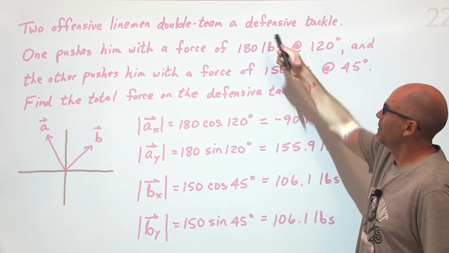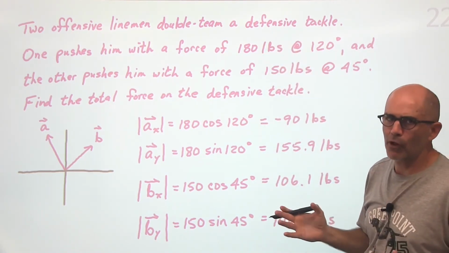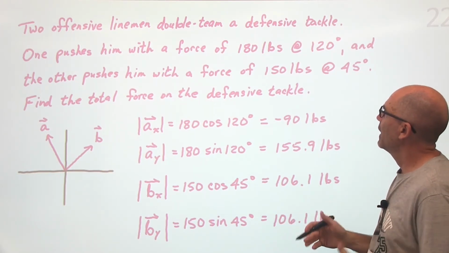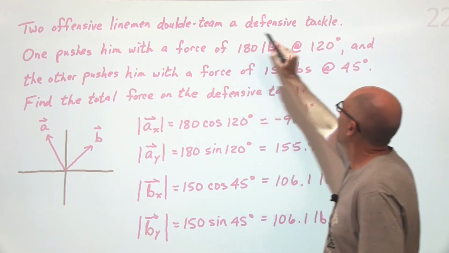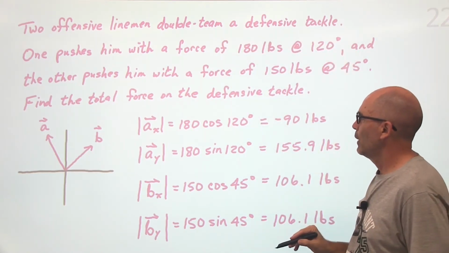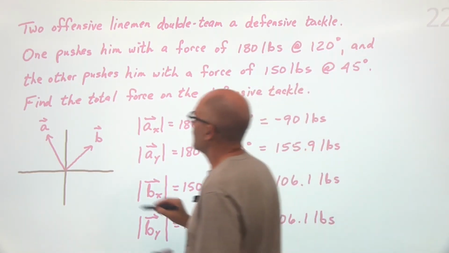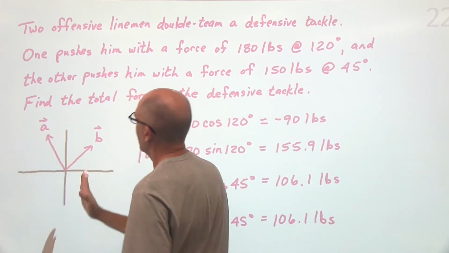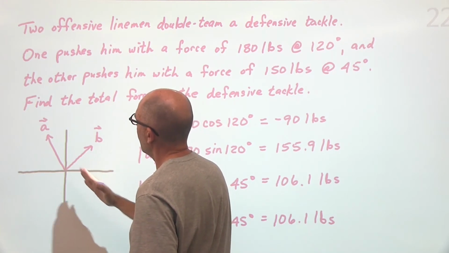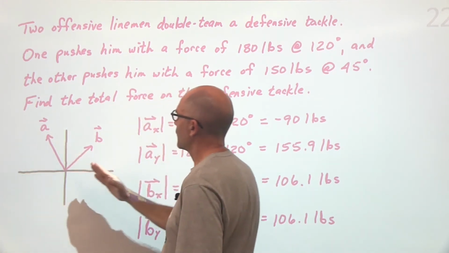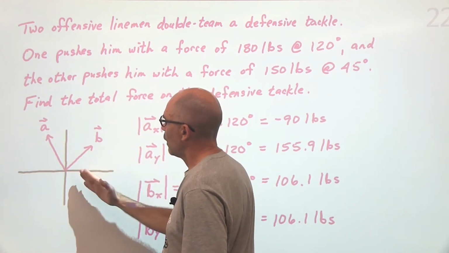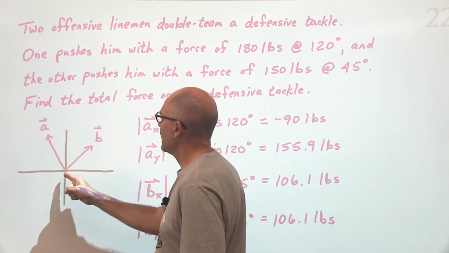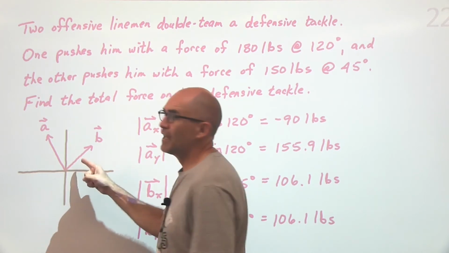Two offensive linemen. This is football, in case you didn't know. We have two offensive linemen double teaming a defensive tackle. They're pushing this defensive guy. Vector A is the force from the right offensive lineman, let's say the right guard, and B is from the center.